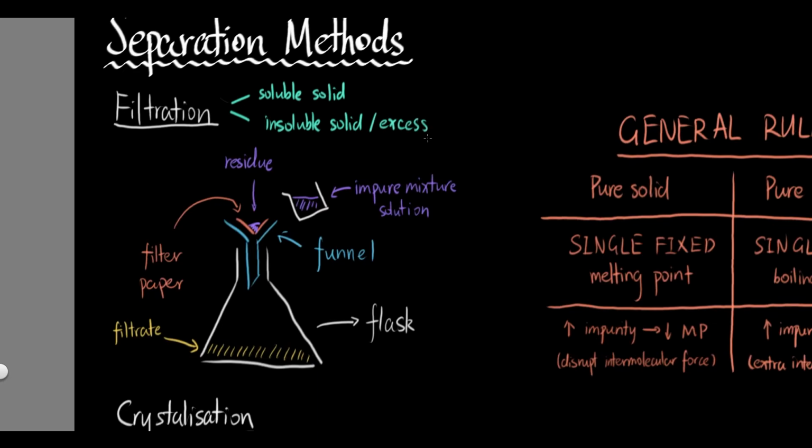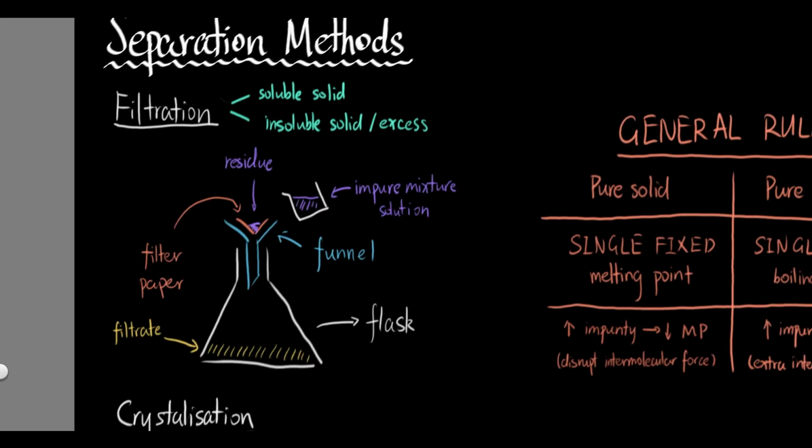If you have excess, then you would also need filtration to give you that very pure filtrate or solution. Here are some of the key things that you need to know in filtration. You have the so-called residue, which is what is left on the funnel. The basic apparatus is a flask to accept the filtrate, and you need a funnel and a filter paper.